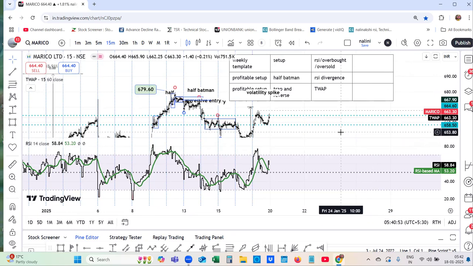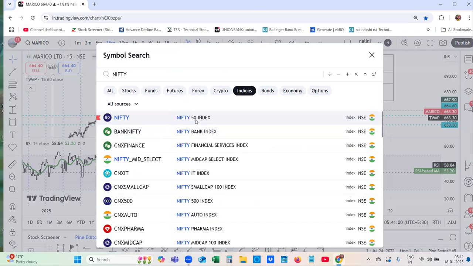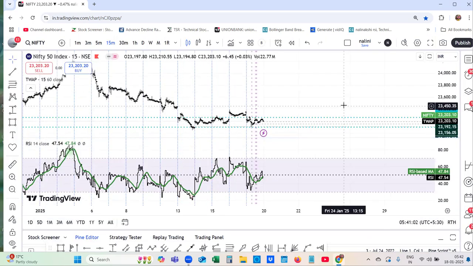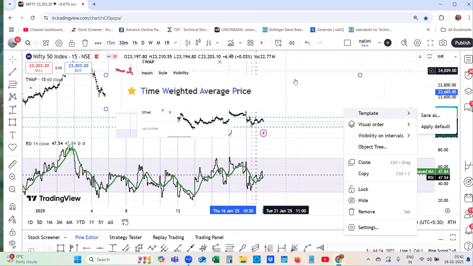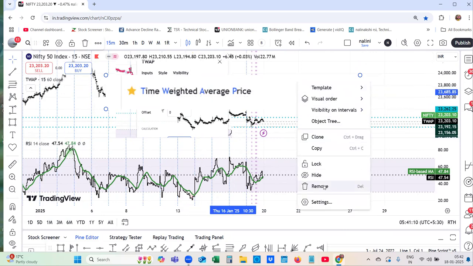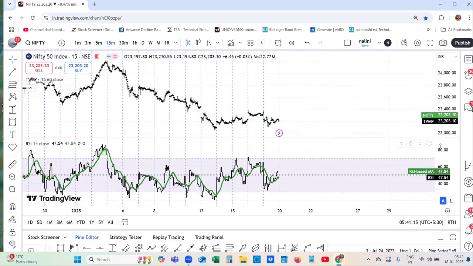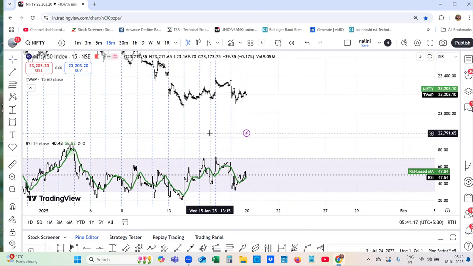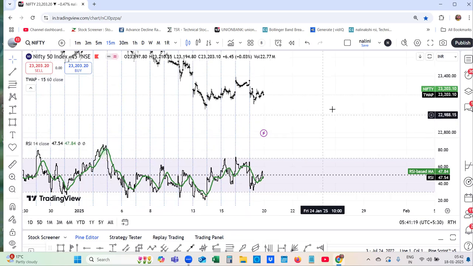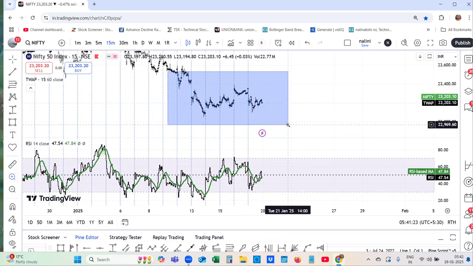Today in Nifty, let me go back to the Nifty indices. Remove drawings. Then let me enable the weekly template, or otherwise I'm going to show it to you.